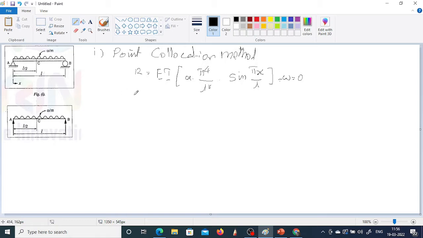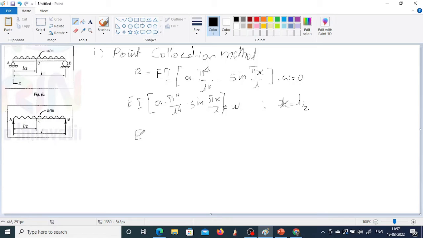I can rewrite this same residual equation as EI into A into pi power 4 divided by L power 4 into sine pi x by L is equal to W. The maximum deflection occurs at x is equal to L by 2, so I can substitute L by 2 for x in the residual formula.